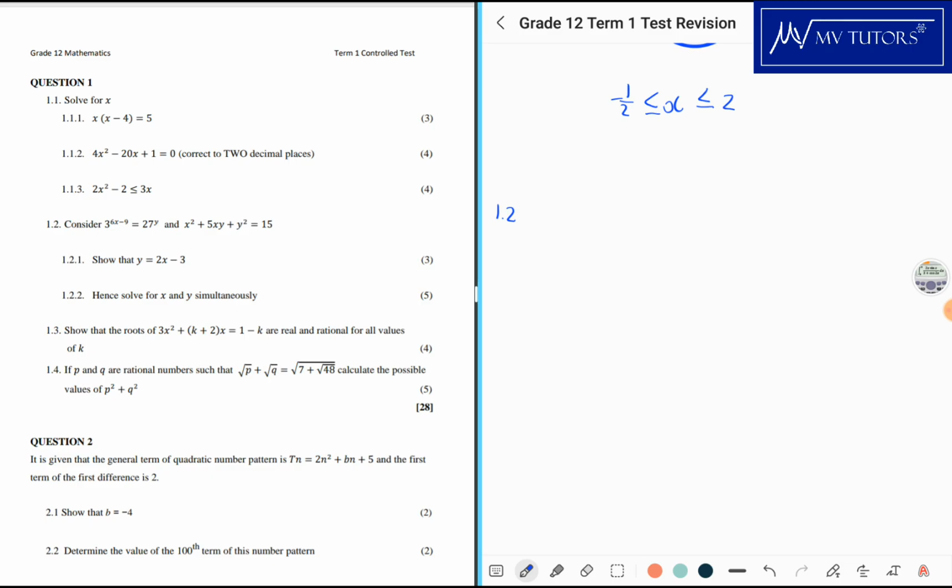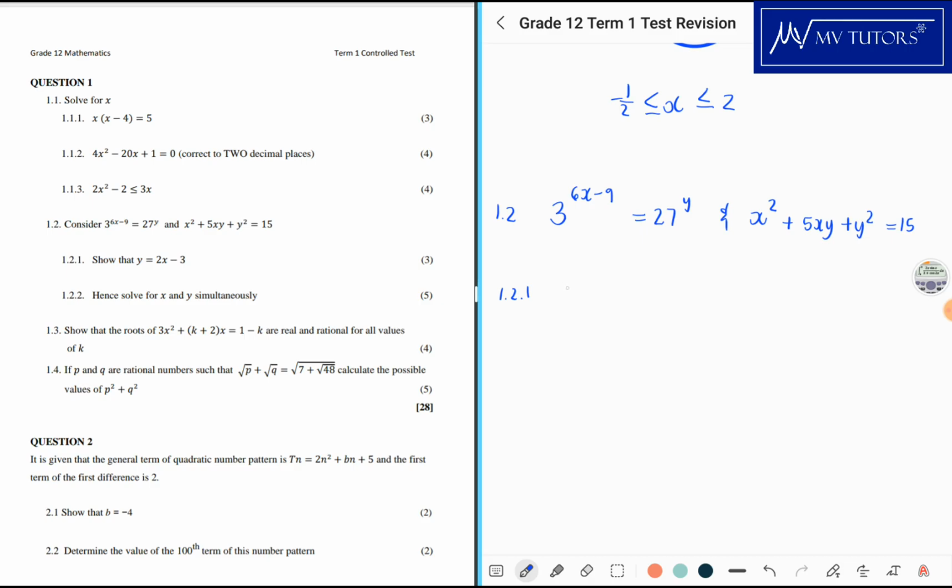So it says consider 3 to the power 6x minus 9 is equal to 27 to the power y. And we also have x squared plus 5xy plus y squared is equal to 15. Now 1.2.1 says show that y is equal to 2x minus 3.